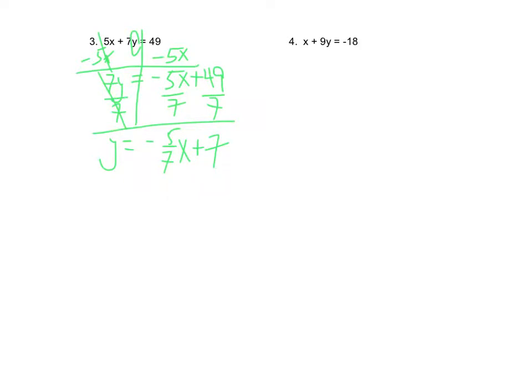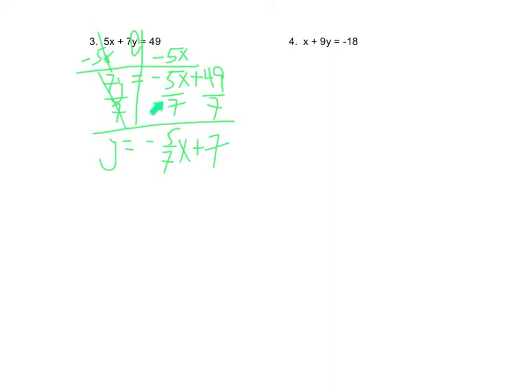So first, I circled the y and I drew my big line through the equal sign. I subtracted 5x from both sides here. That left me with 7y on the left. And over here, remember I want the x's first, so I have negative 5x plus 49. So then to get the y completely by itself, I divide by 7 to cancel the 7's there.